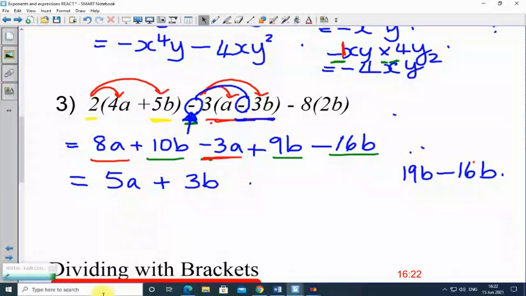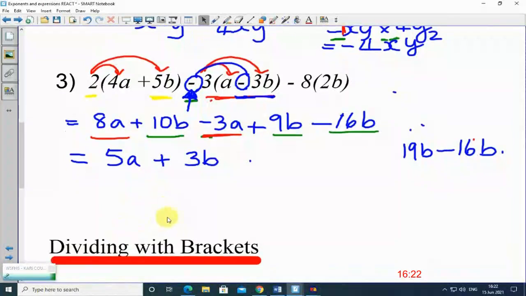But I'm going to pick up next week. You can see the next topic is going to be dividing with brackets. And then we'll start combining everything. And the more we combine things, the more tricky it gets. And you might find yourself getting a little bit confused, but that's why we're doing things slowly, and that's why I'm trying to help you get some extra input on top of what your teachers are doing.